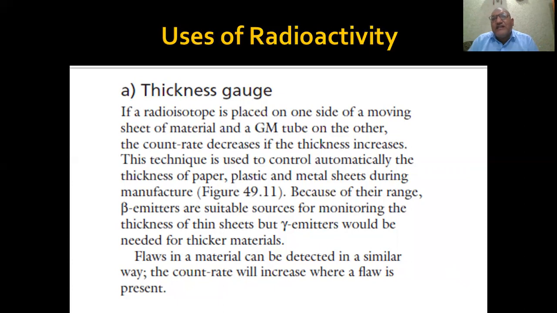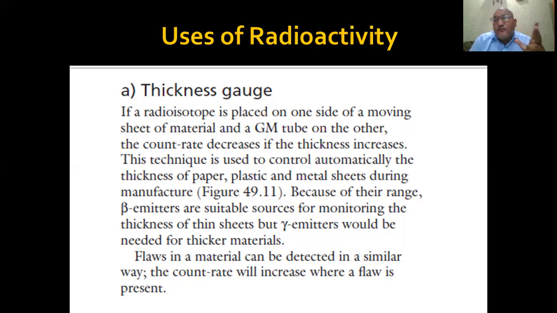We have computers which are checking how much radiation is detected by the detector. If the reading on the detector is 400 and continuous, and at some part of the steel sheet the reading changes to 300, it means that the sheet there is thick.